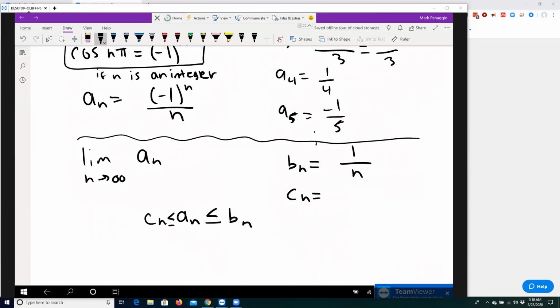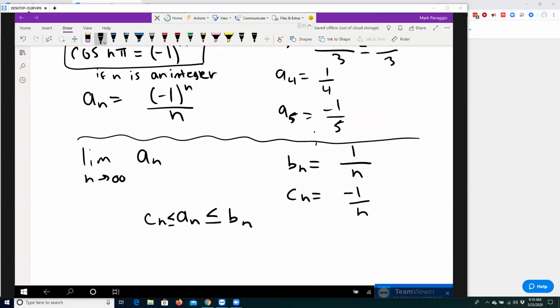Not all that hard, right? Certainly -2 would work. -3 would work. But the largest number that would work would certainly be -1. So -1 over n is going to be smaller than -1 to the n over n, because -1 to the n just alternates back and forth between -1 and 1.